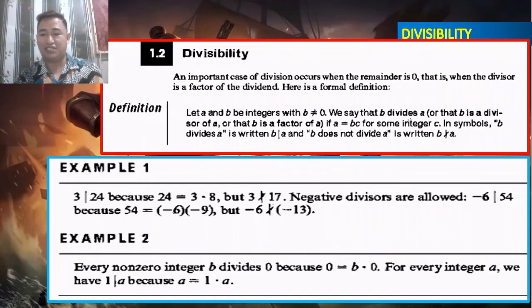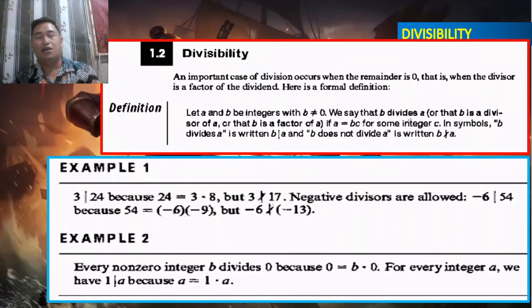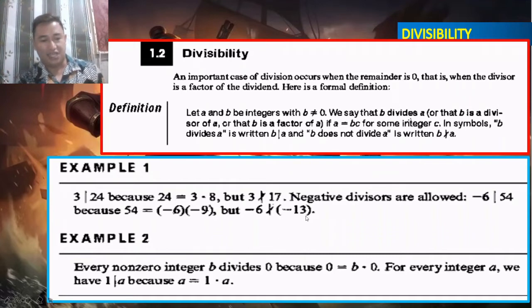So negative 6 divides 54, because 54 is equal to negative 6 times negative 9. But negative 6 does not divide negative 13, so it does not divide it.